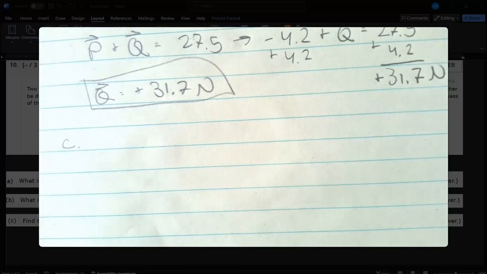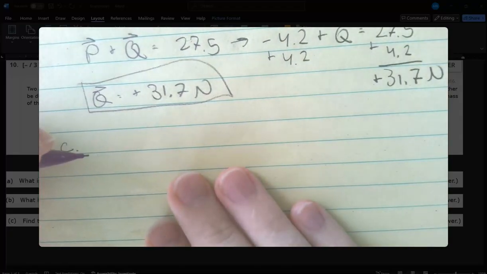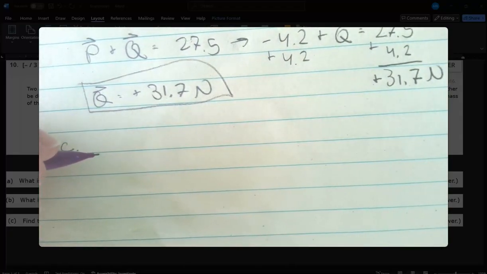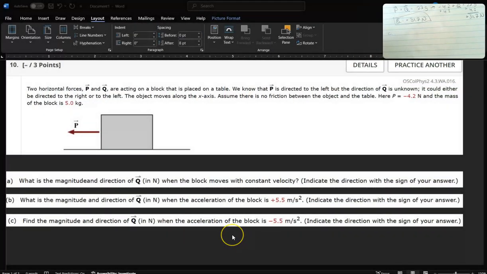The final one is going to be the same process, with slightly different numbers. Find the magnitude and direction of Q when the acceleration of the block is negative 5.5 meters per second squared.